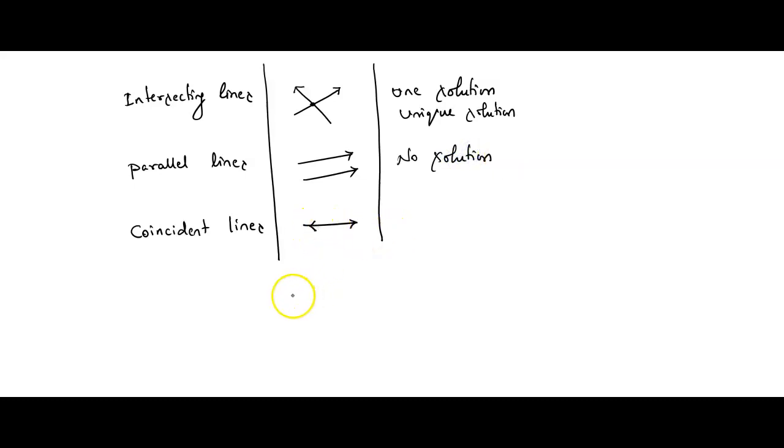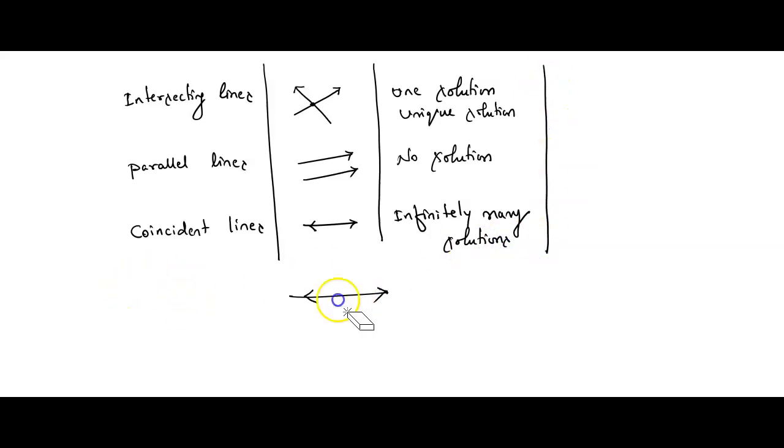Here we can see one line is moving in this direction and one more line is overlapping on the same direction, so we have infinitely many solutions. This is with respect to the solutions column.